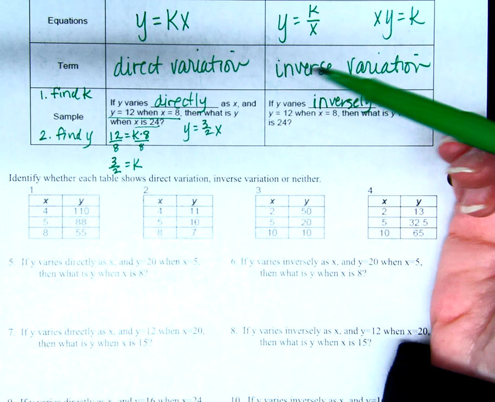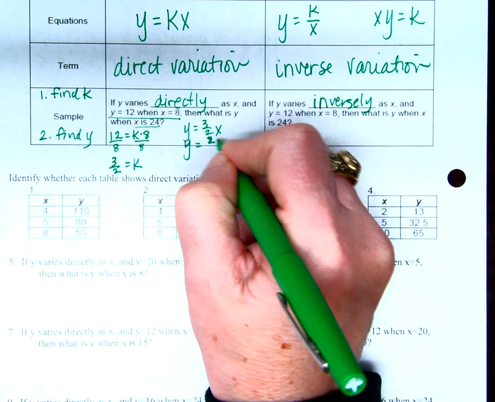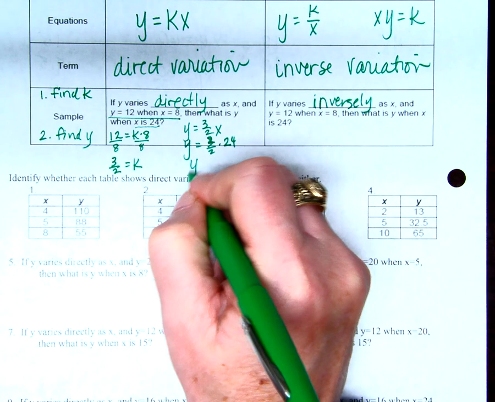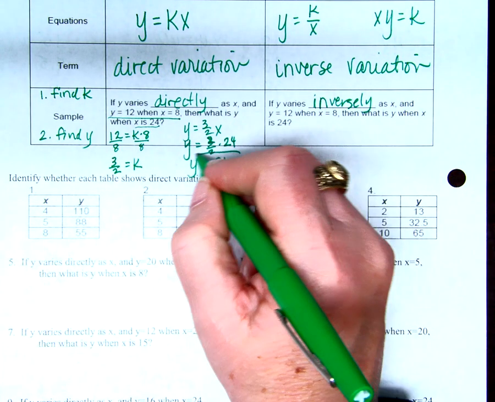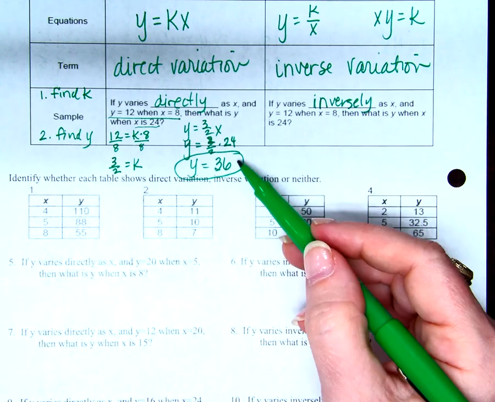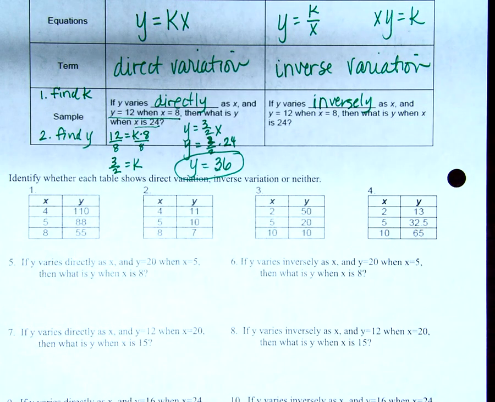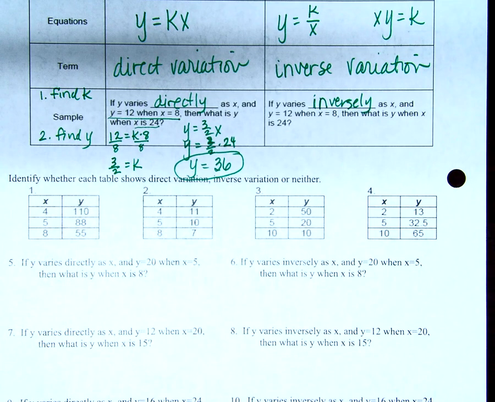X is 24, so what is y when x is 24? 36. That's actually my answer, but I can't get that unless I find k first. Does that make sense? Any questions about solving a direct variation question?